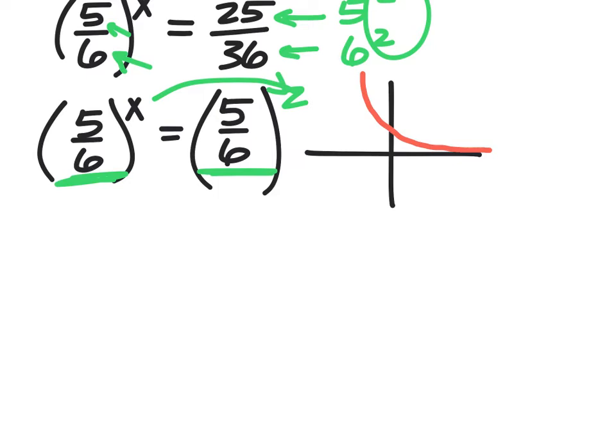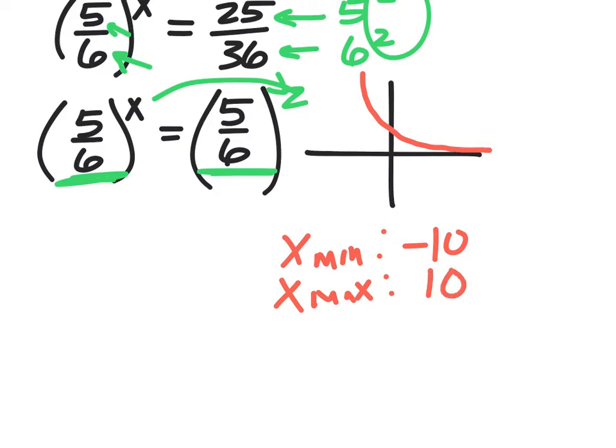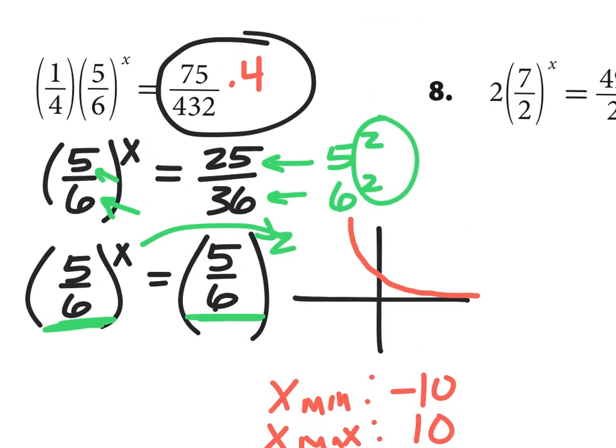So x min, you can still probably do -10 to 10. That's going to be okay. But my y min, first of all, I want it equal to this number right here, which is a really, really small number, okay?